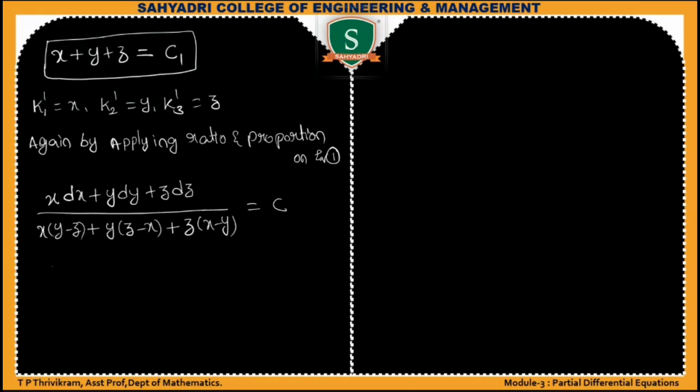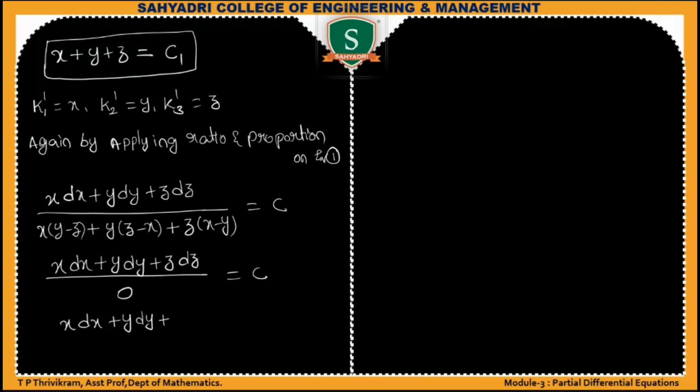So x dx plus y dy plus z dz divided by 0 equal to c, we will get x dx plus y dy plus z dz is equal to c. Fine. Now integrate on both sides.